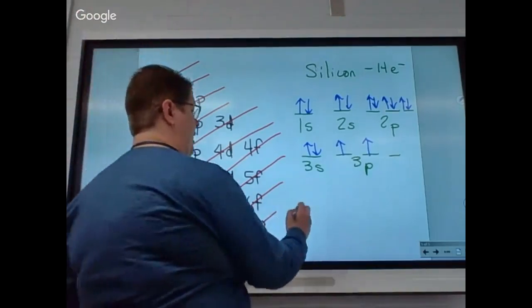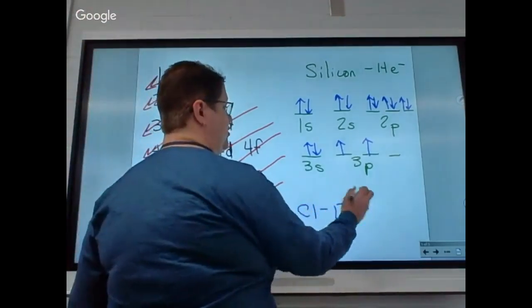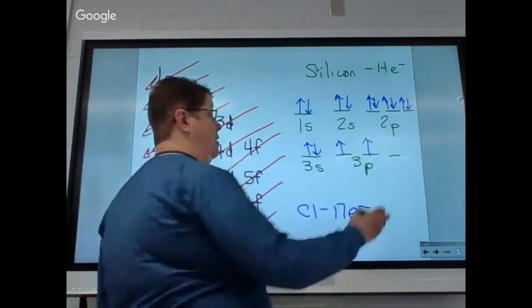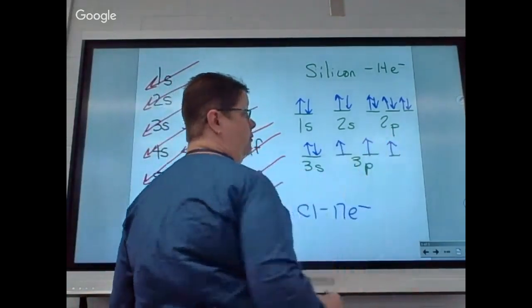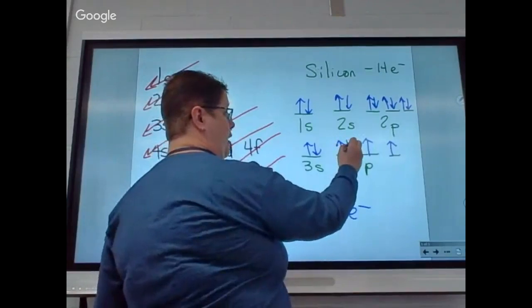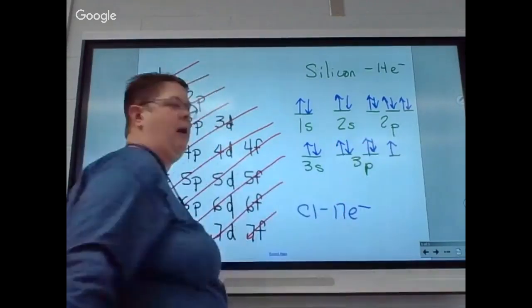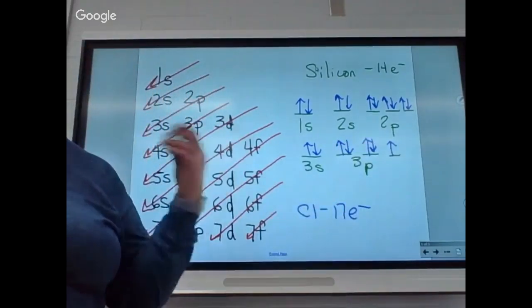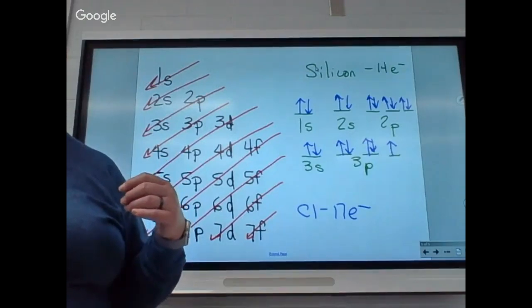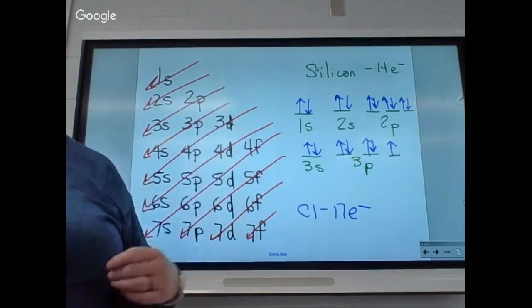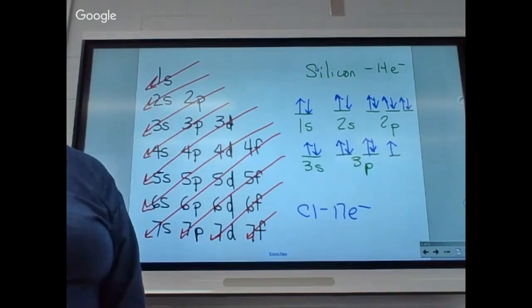Chlorine has 17 electrons, so we're at 14. So number 15 would go here, 16 would go here, and then 17 would go there. Then I would need down arrows. But you wouldn't need down arrows on silicon because you just don't have enough electrons. Y'all ready to try some on your own?